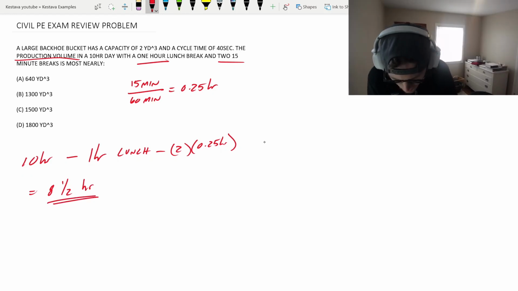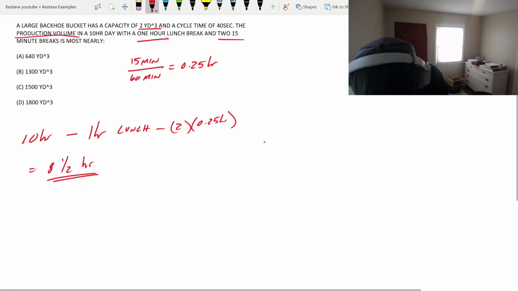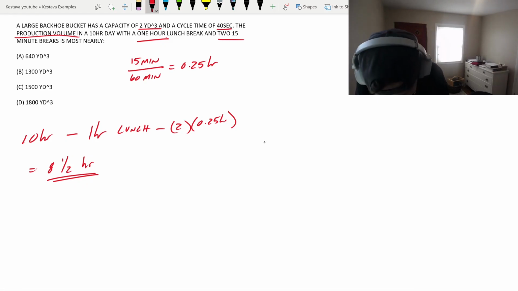So that is the total amount of time that this bucket is in operation, picking up dirt and cruising. Let's convert that into proper units because we want to keep everything clean. Looking back above, you have your units for the amount of dirt, and then the cycle time, but that's in seconds. Right now we are in hours, so let's figure out how many seconds are in the day.